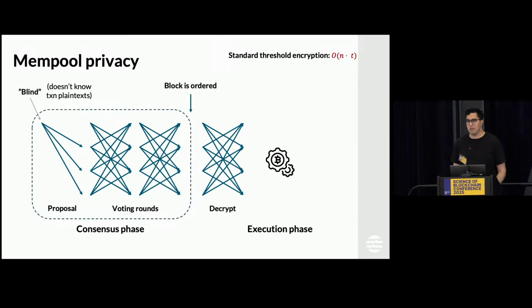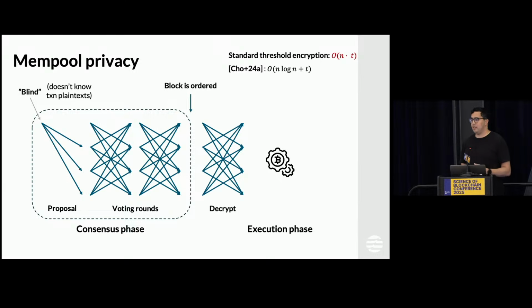Like I was saying before, if you use standard threshold decryption to solve a problem such as this one, it's very inefficient. There's a big blowup, proportional to n times t, where n is the block size, the number of encrypted pending transactions that go into a block, and t is the threshold for the secret key. So it's essentially a quadratic blowup.